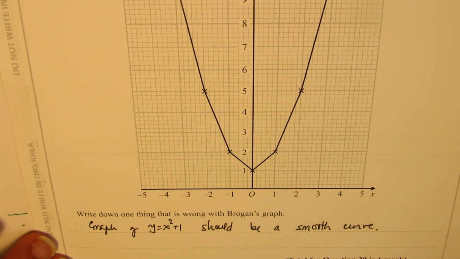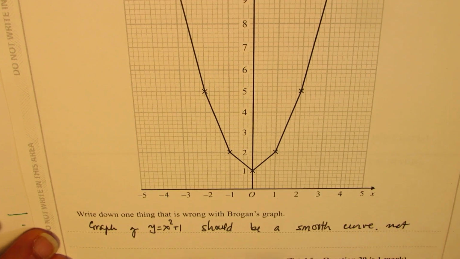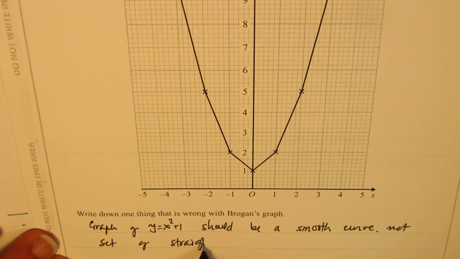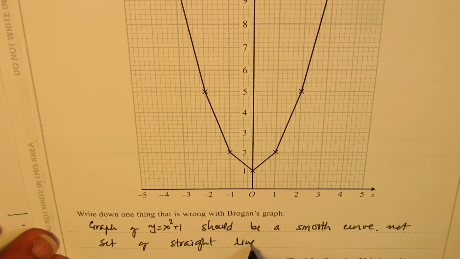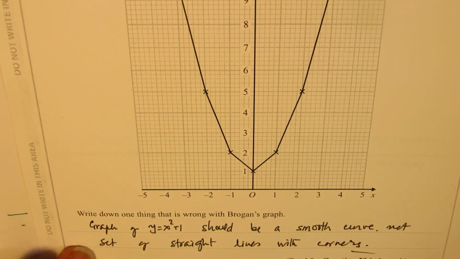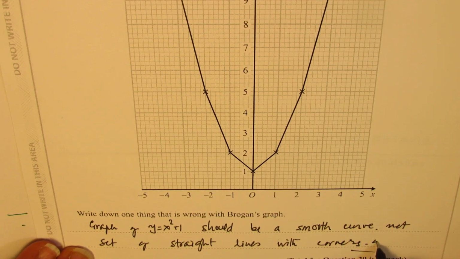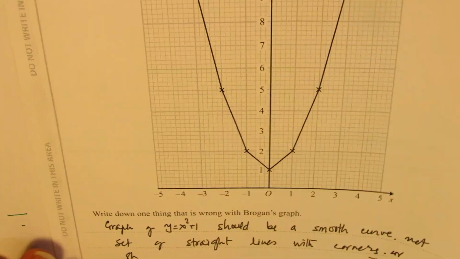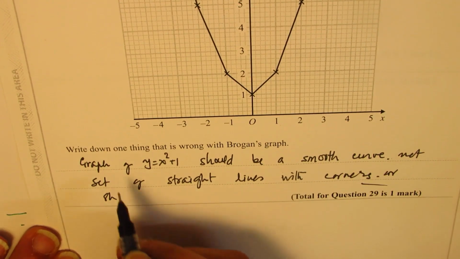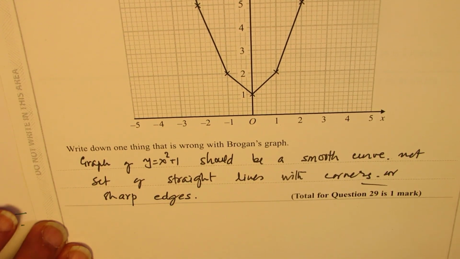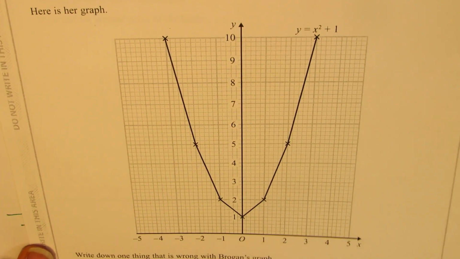Correct? So that is what, right? Not a set of straight lines with corners, correct? Or sharp edges, you can say. Is that clear, right? So that is how you're going to explain.